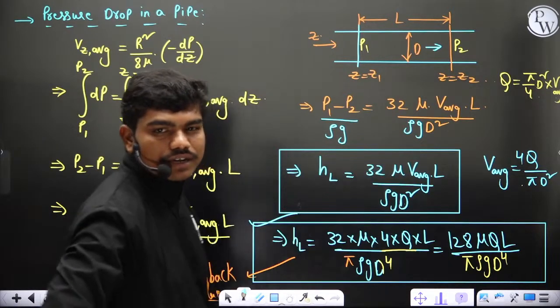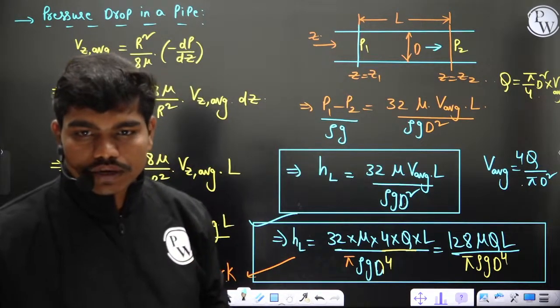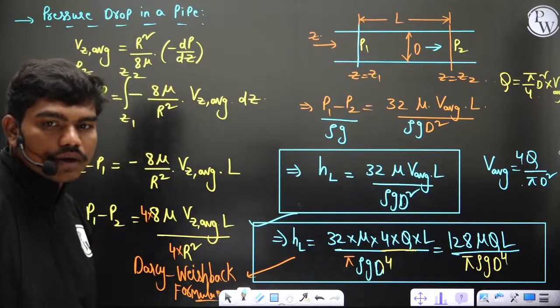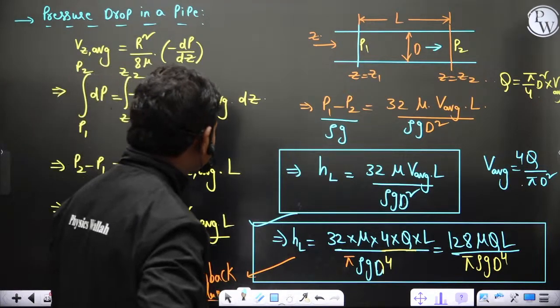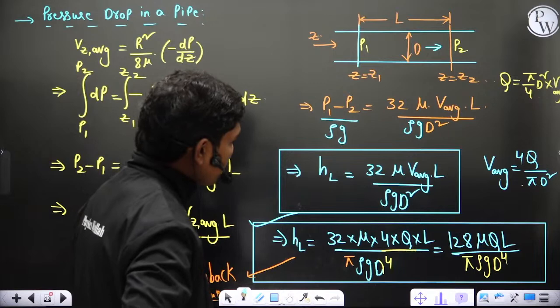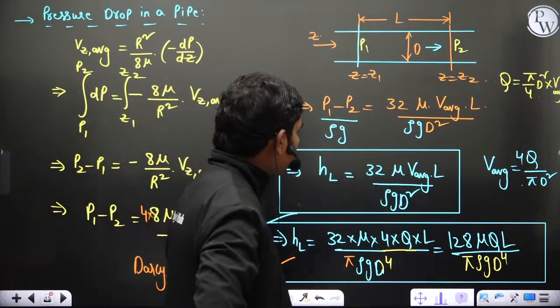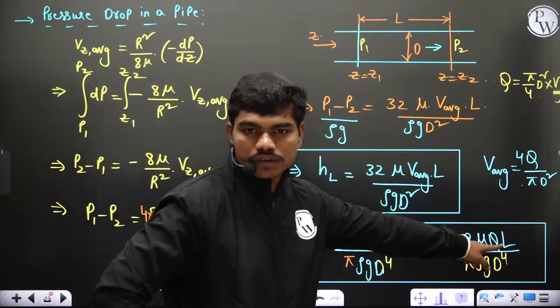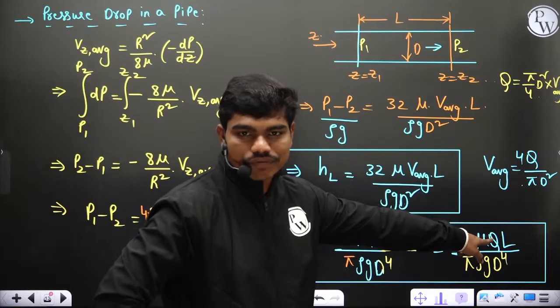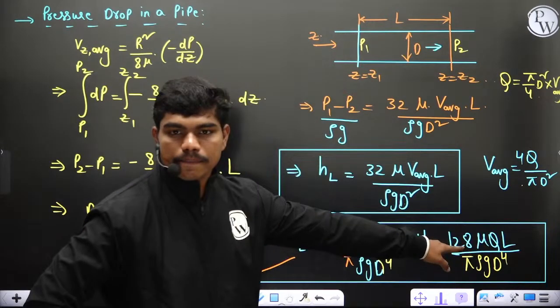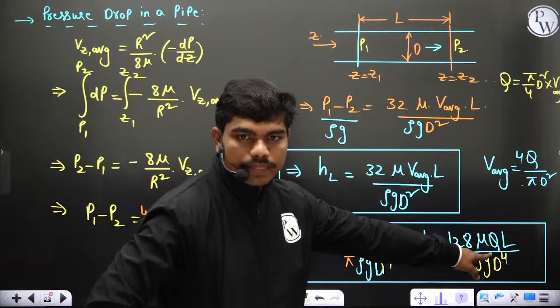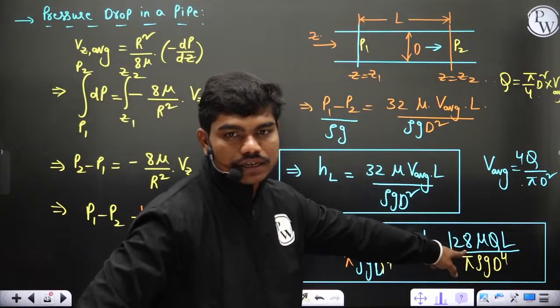FL V square, FL Q square by 12.1 D power 5. How come? Q square. But here we have only Q, correct? How can you get Q square actually?